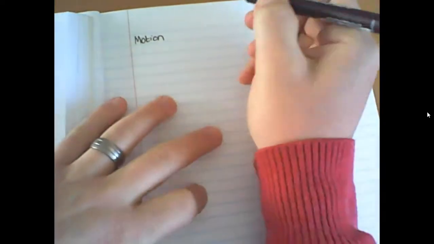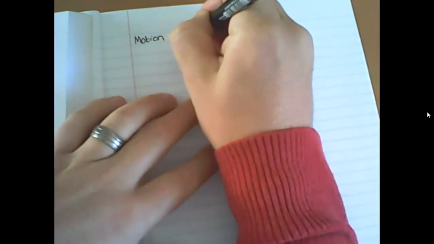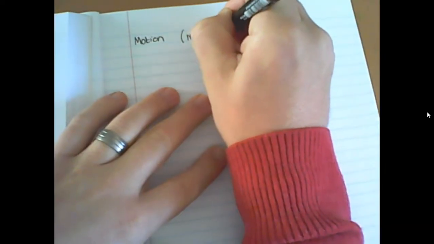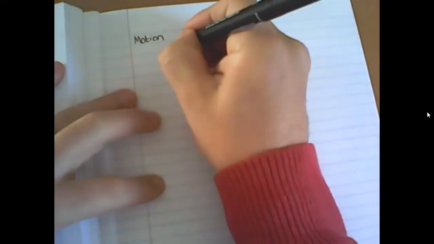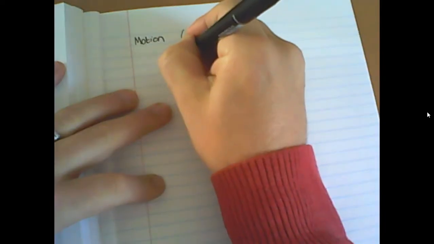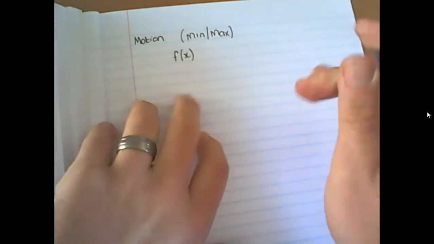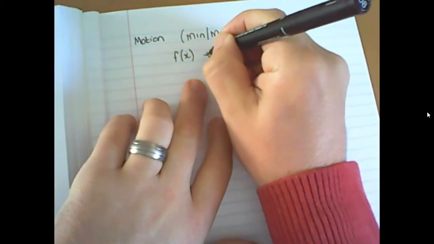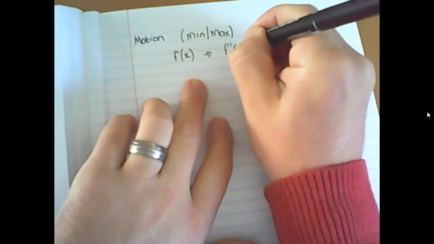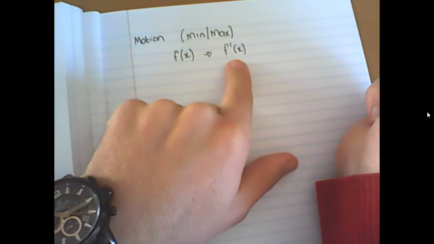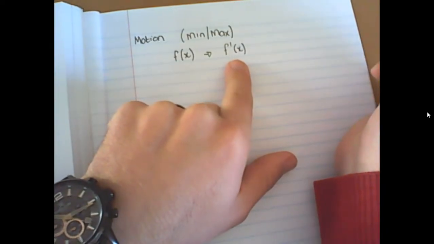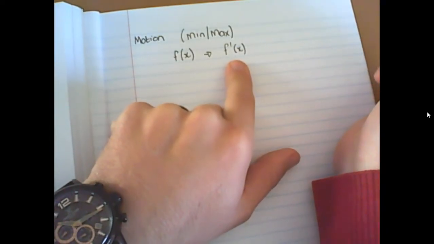But the actual lesson is about minimum and maximum values. Now, before we dive into an example, we know that if we have an equation, any equation in the form of f(x), and we find its first derivative, we can use the first derivative to find local minimum and local maximum points.